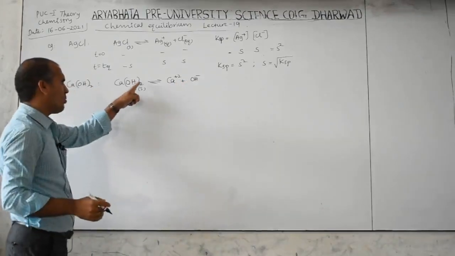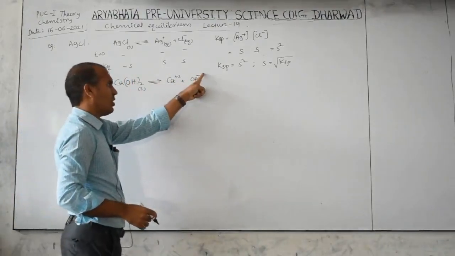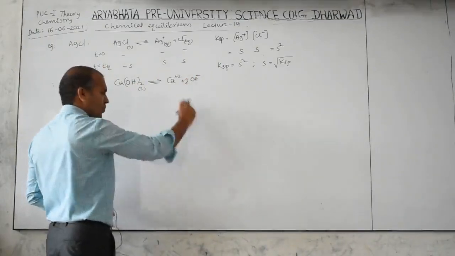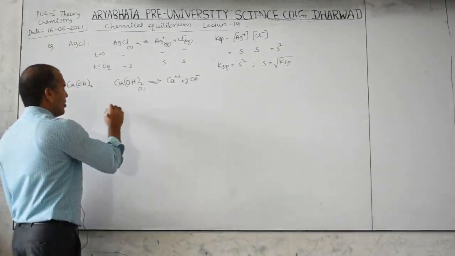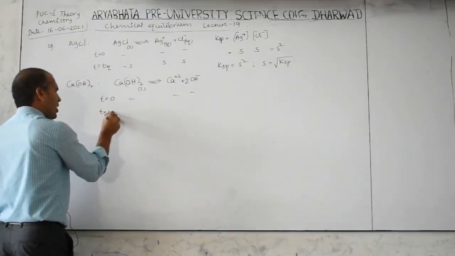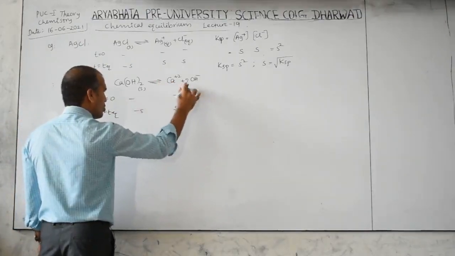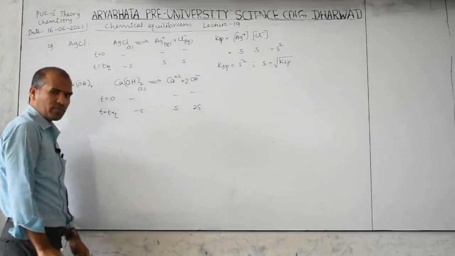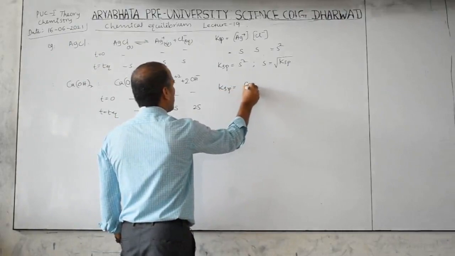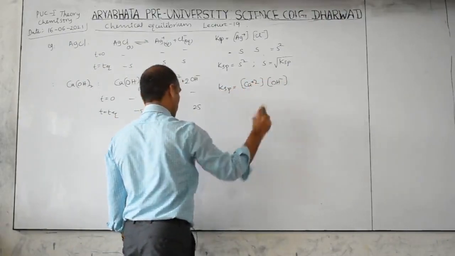Now cross multiply: here plus 2 is there, cross multiply means minus 1 is there, but how many are there? These are 2, so it becomes Ca(OH)2. Clear? Now at t equal to 0, dash dash dash; at equilibrium time, minus S, 1 mole is there, plus S, 2 moles is there, 2S. Clear? Therefore Ksp is equal to Ca plus 2 concentration times OH minus concentration.